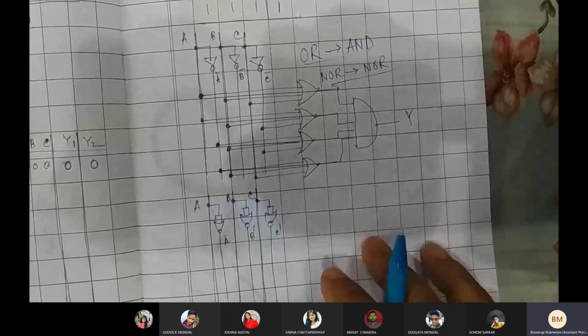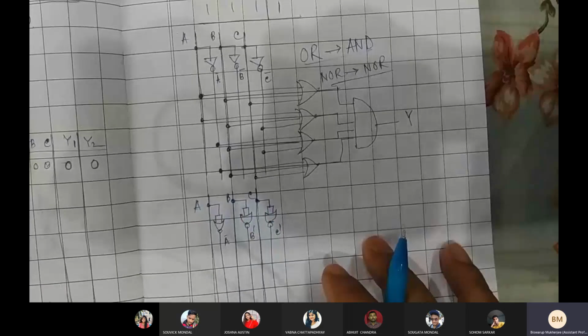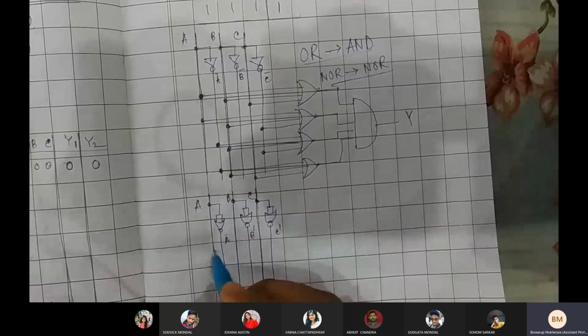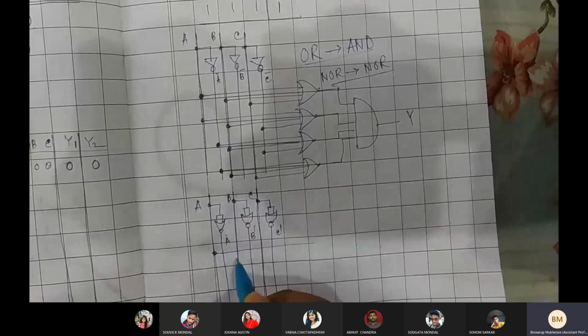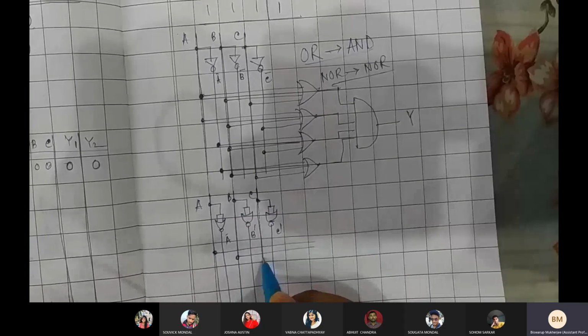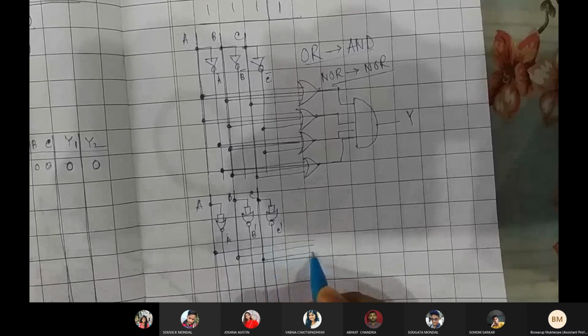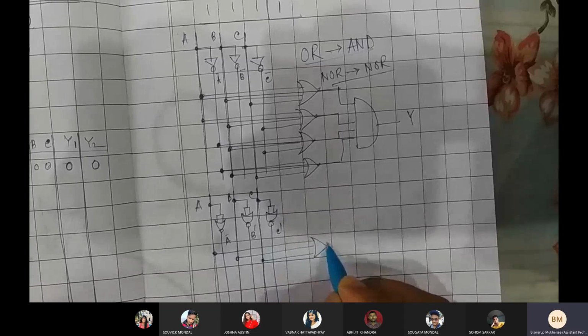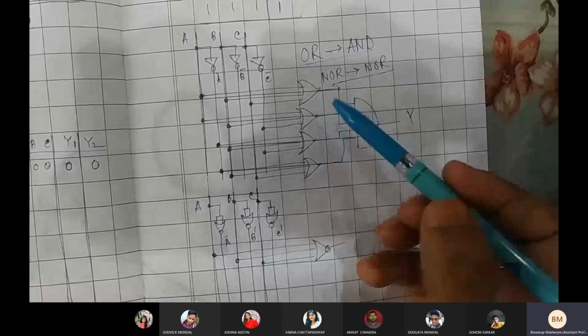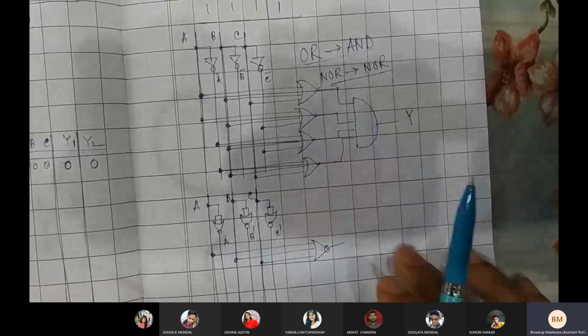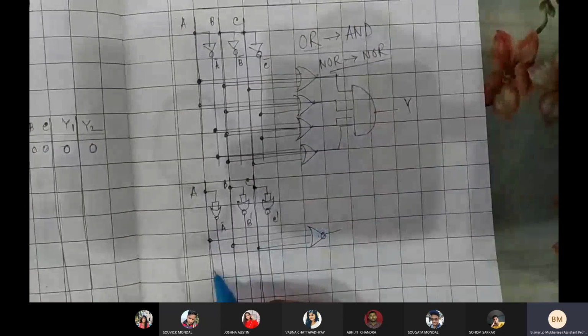Fine. Next we need to go for A plus B plus C. So we'll be going for A followed by B followed by C, using one NOR because we are using OR, so we'll be starting with NOR again, followed by the next one A plus B plus C bar.